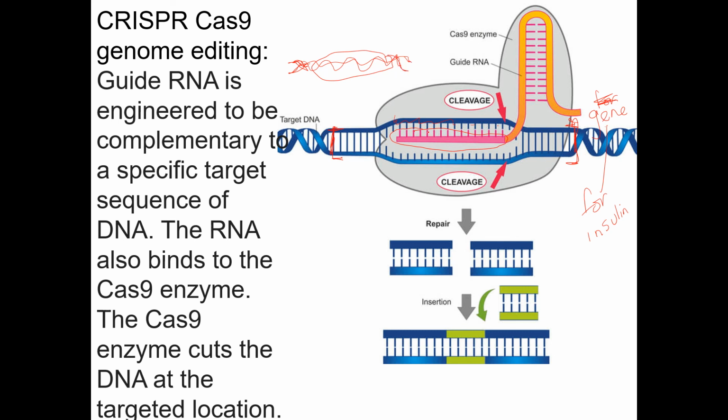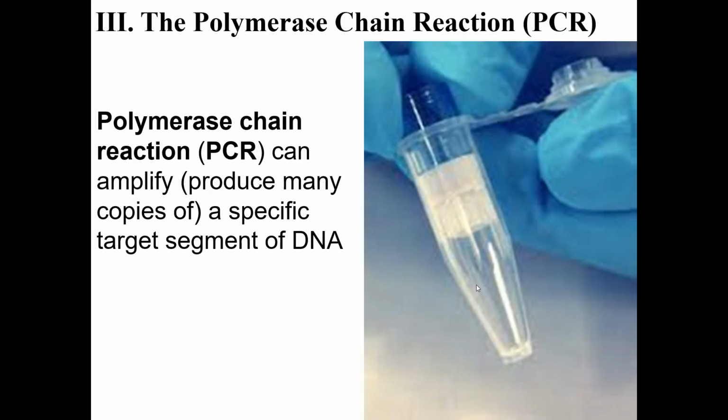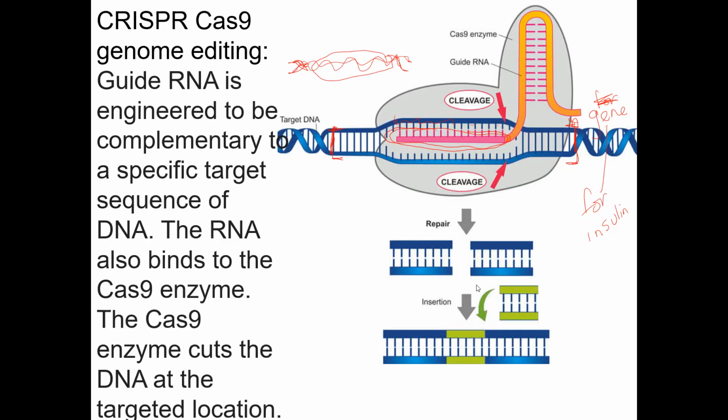You can engineer a piece of DNA that has the exact complement to the code exactly where you want it. And so now, instead of just cutting the genome anywhere the restriction enzyme is going to cut, you can tell it exactly where to cut. And then you can insert your DNA, sort of like we talked about last time with restriction enzymes. This just gives you much better targeting for exactly what you want to cut. And that's all I have on CRISPR, but all the stuff that we learned before with restriction enzymes is true for this as well.